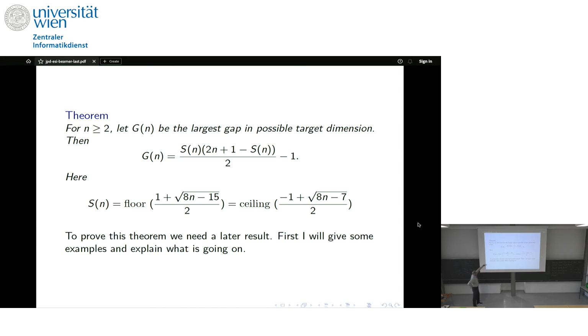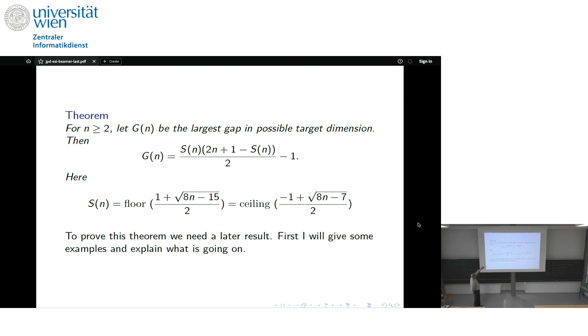I first take the source dimension n, and I calculate 1 plus the square root of 8n minus 15, divided by 2. That's not necessarily an integer. I take the floor of that. It turns out, as an exercise, if you're bored, try to prove that that's the same as the ceiling of that number. It's not completely trivial, but it's true.